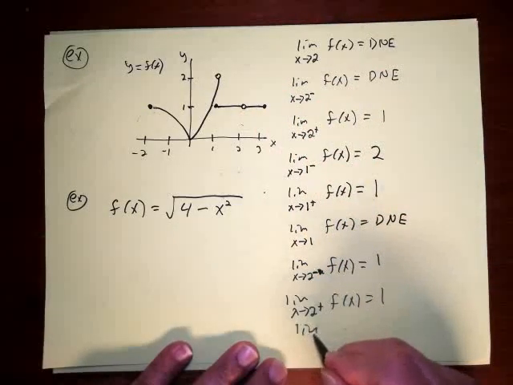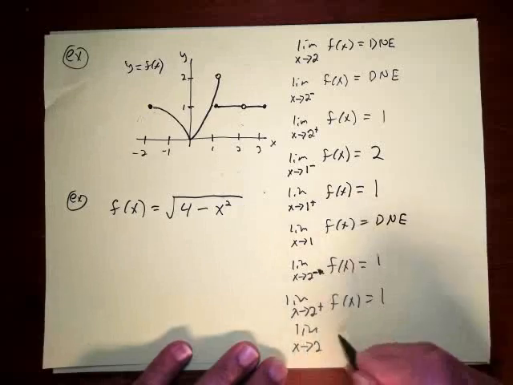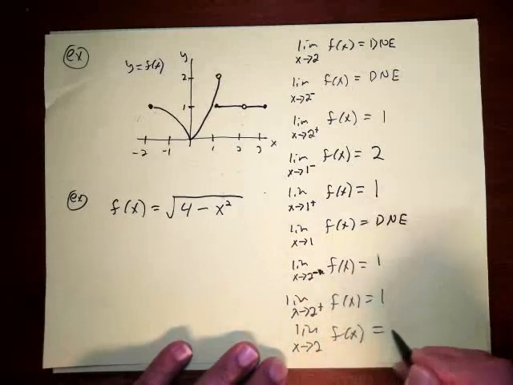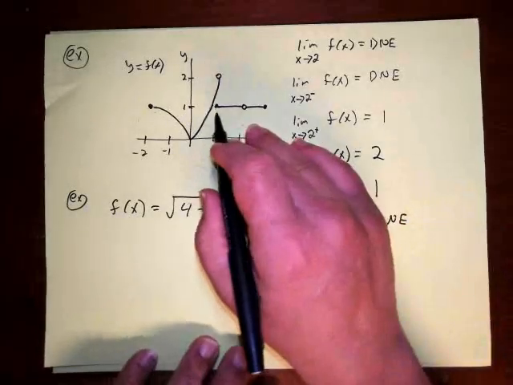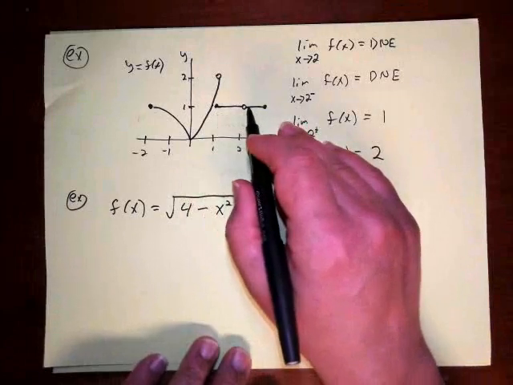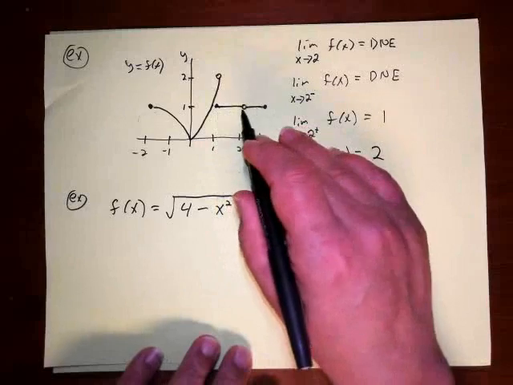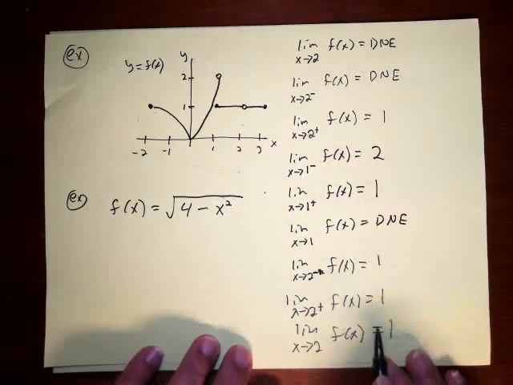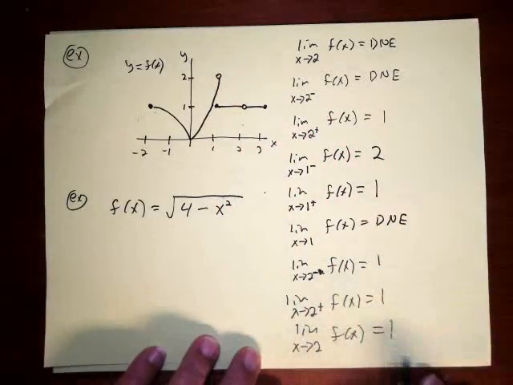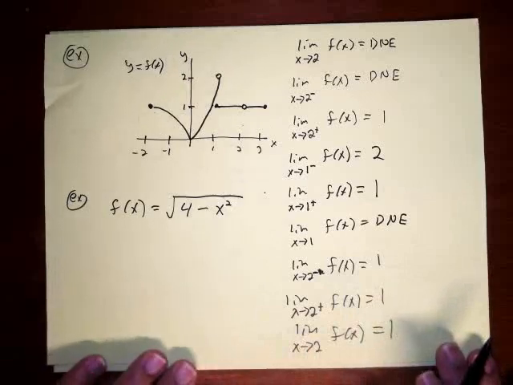In this case, you could say the limit as x approaches 2 of f of x is equal to 1, because it approaches the same value from both sides. The one-sided limit from the negative side is equal to the one-sided limit from the positive side. And so that means the overall limit exists.